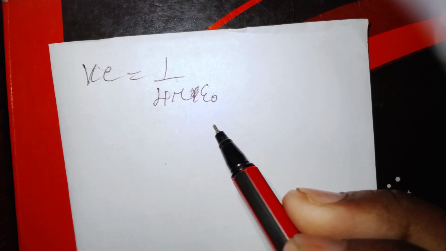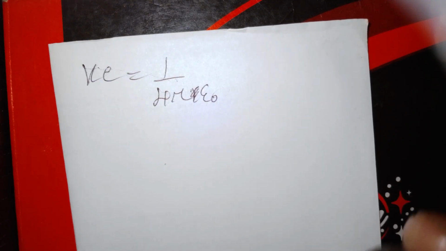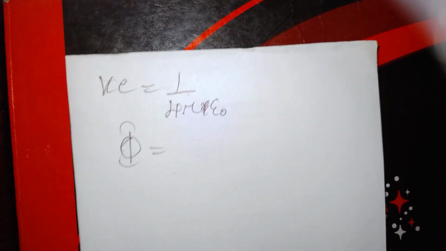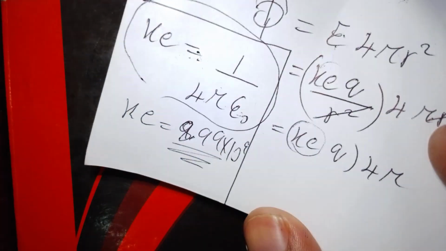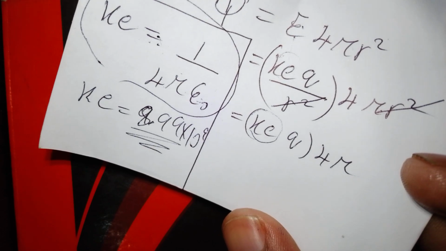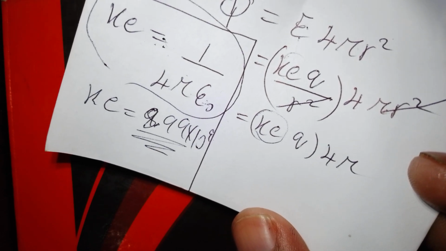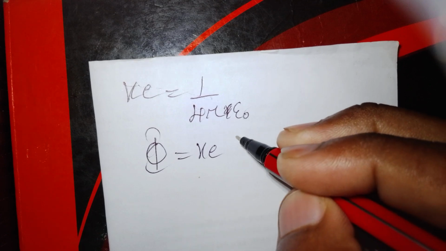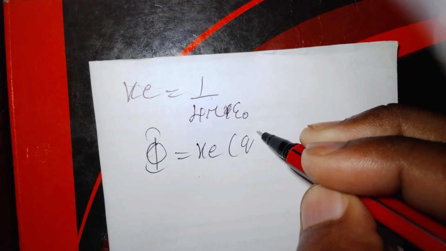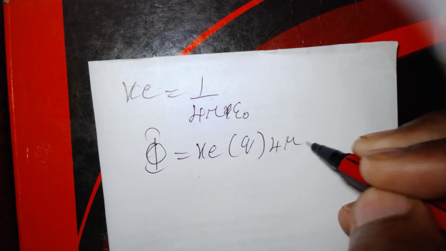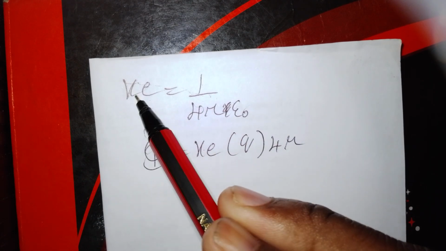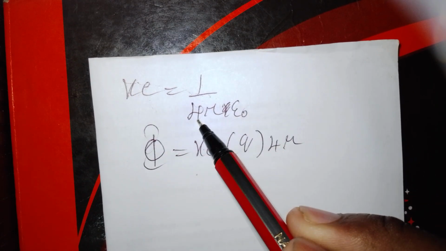Okay, so what did we end with? We ended with KE Q and 4 pi on the outside. So where there's KE, let's add this expression.